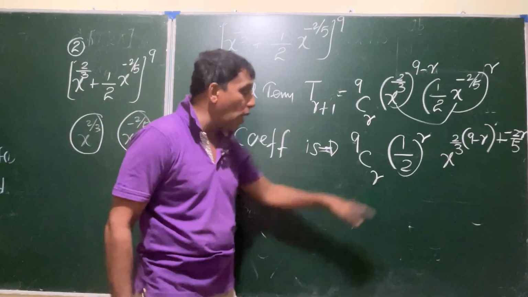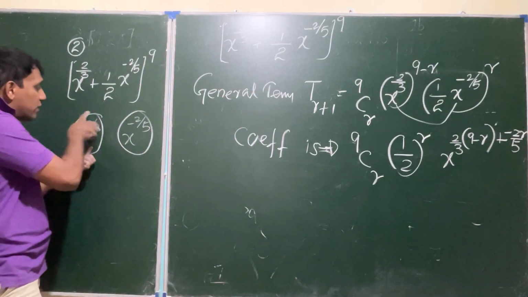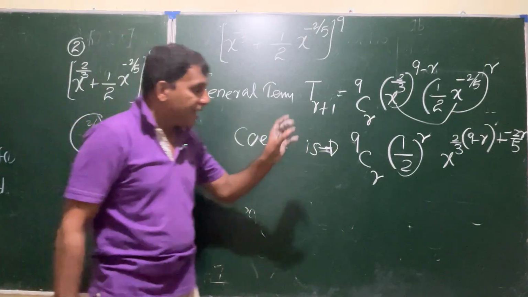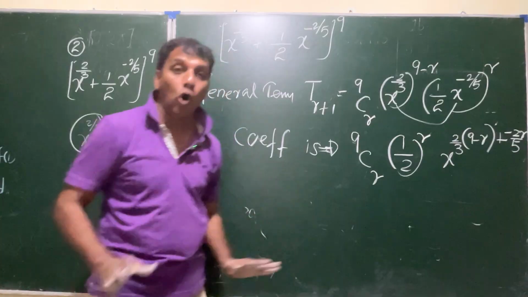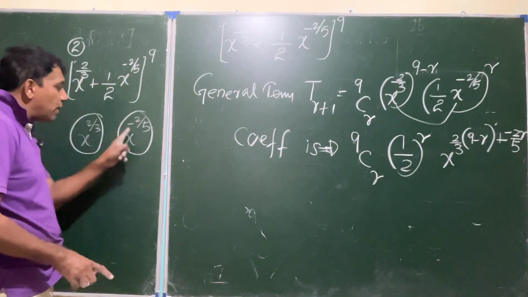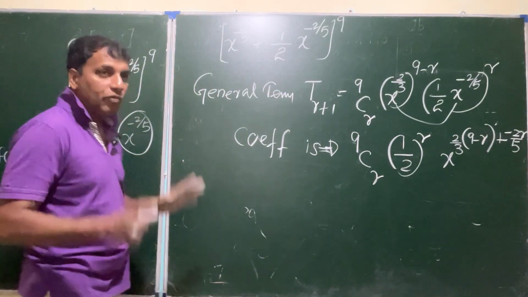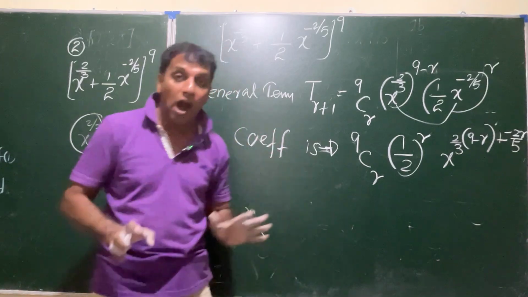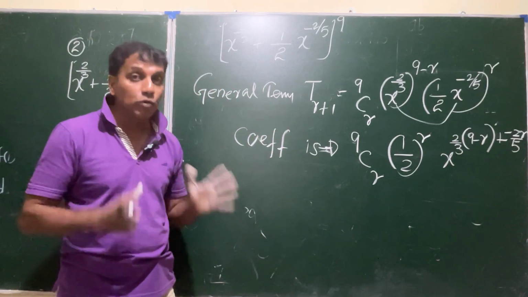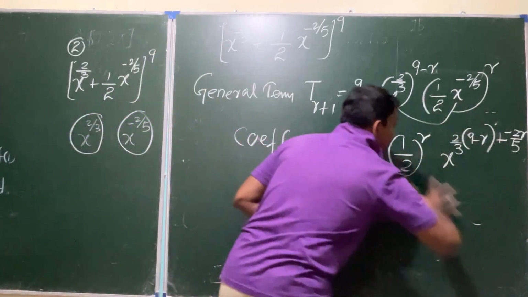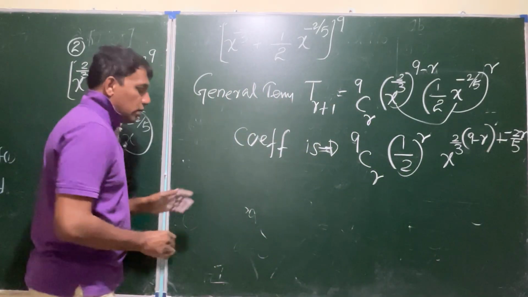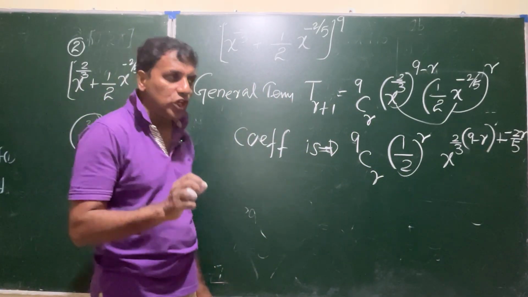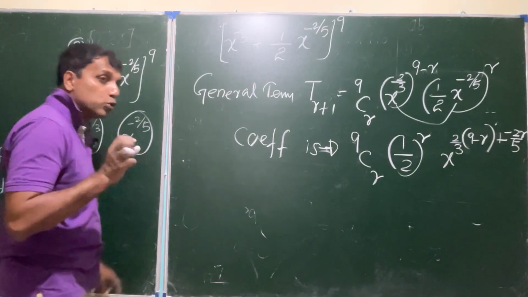So now we need the term. What r belongs to the x to the power 2/3 coefficient? And similarly, for the x to the power minus 2/5 coefficient, what is the corresponding r, right? Therefore, we have two parts to work on now. I'll work the first one, the coefficient of x to the power 2/3.